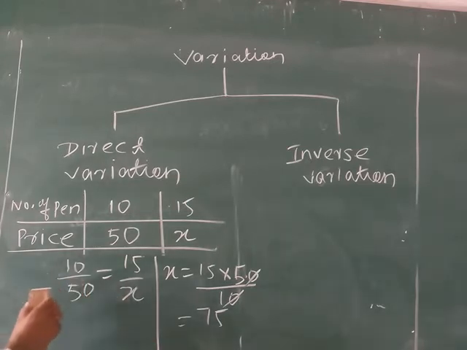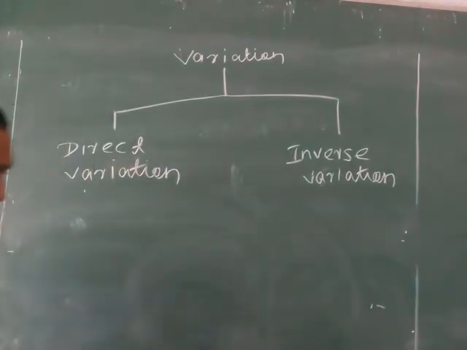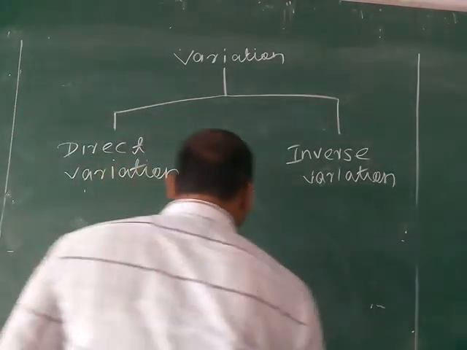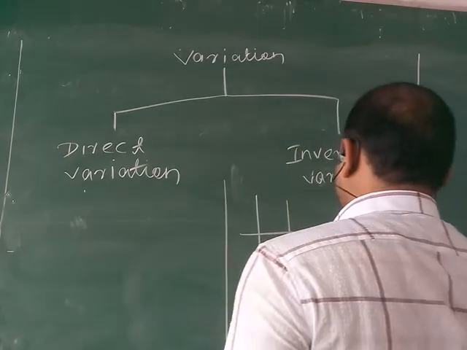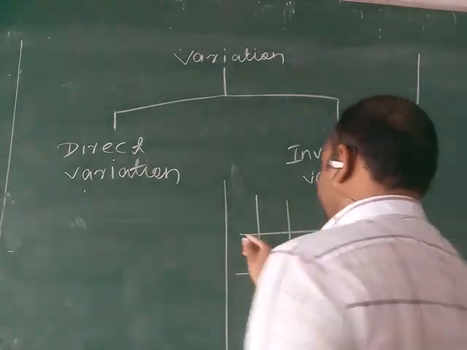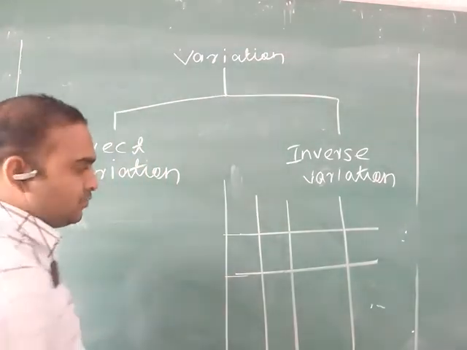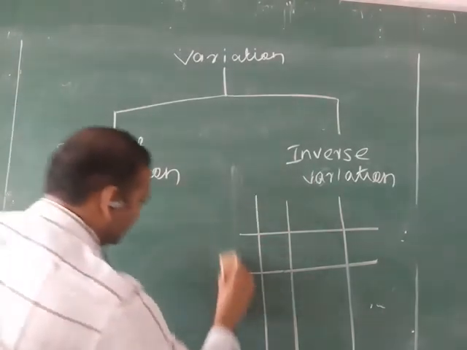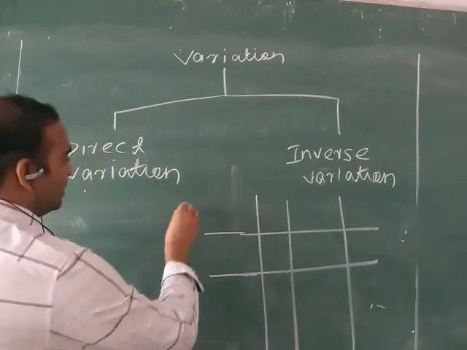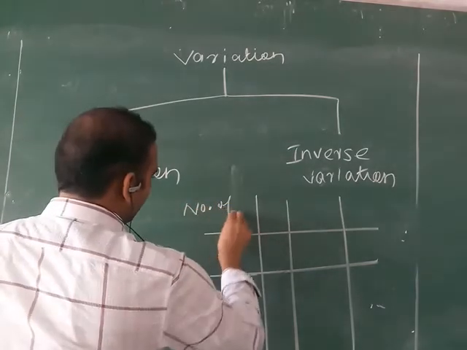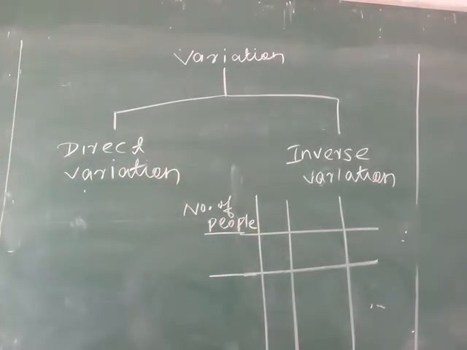Now, examples of inverse variation. In inverse variation, we have two quantities, as I have given examples: number of people and number of days.